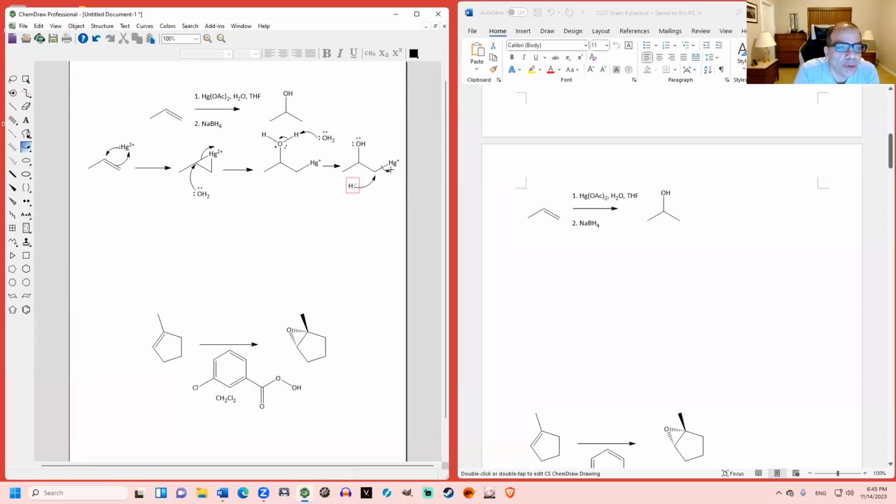That breaks the carbon-mercury bond, pushes the electrons onto mercury, and reduces it from mercury +1 to mercury 0. You do get mercury metal out of this reaction. And that gives you the product. So that reaction is oxymercuration reduction. It gives you the Markovnikov alcohol from an alkene.